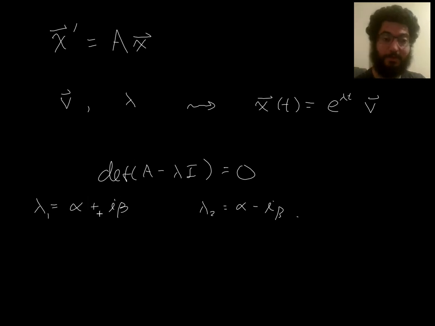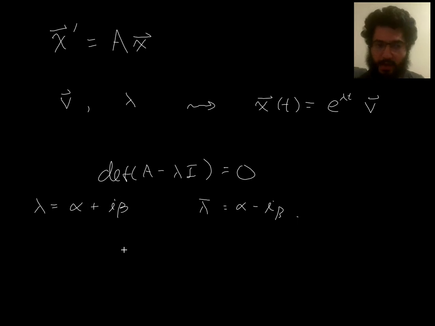Well, of course, if I know one root, then I automatically know the other. The other is the complex conjugate. So I didn't need to call this lambda 1, lambda 2. Maybe a better naming system would be lambda and lambda bar. The bar stands for complex conjugation, which is flipping the sign on the imaginary part. So yes, if I know one root, then I automatically know the other when the root is complex.